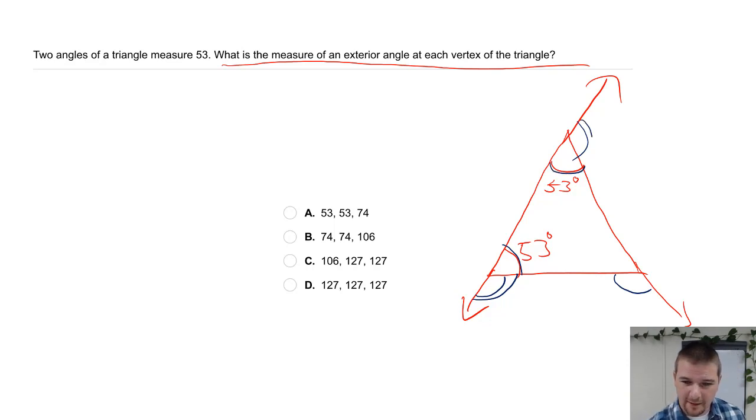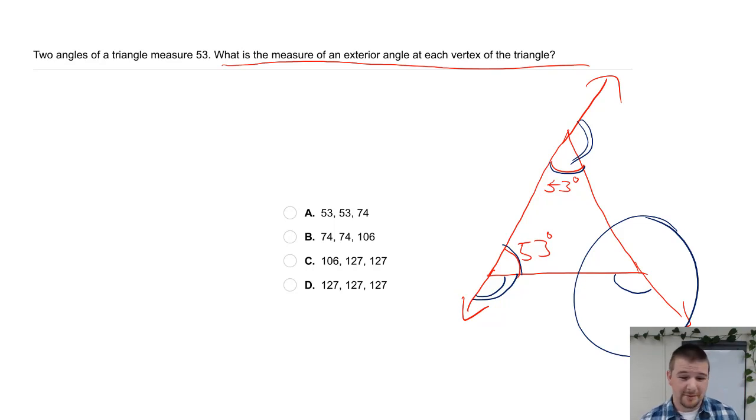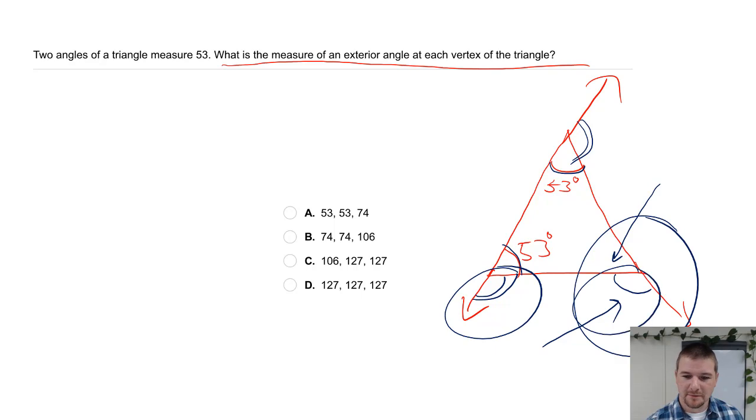Same with this angle and this angle. But there's a bit of a question mark in this area. But you can use what we've learned in this section to identify the measurement of this angle, and that should help you identify the measurement of this angle. So you're going to end up with 3 different angle measures. Just make sure that you choose the option that has those same 3 listed.